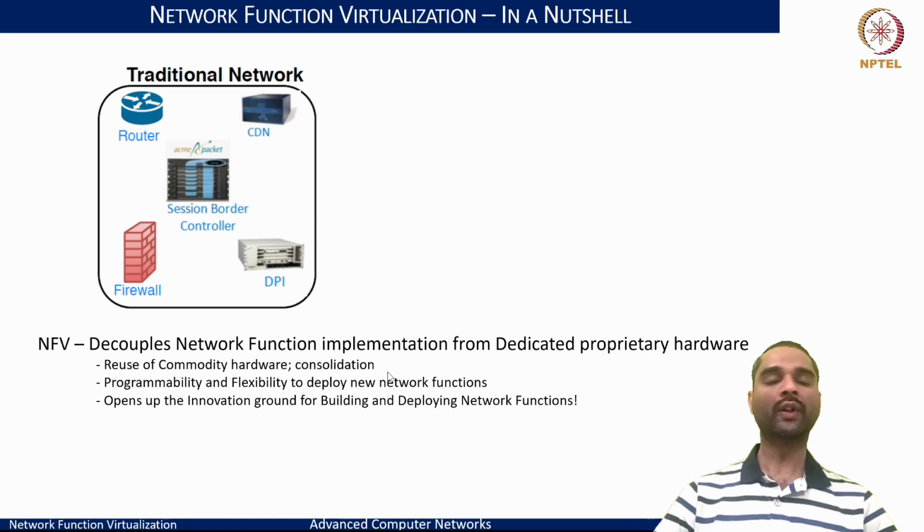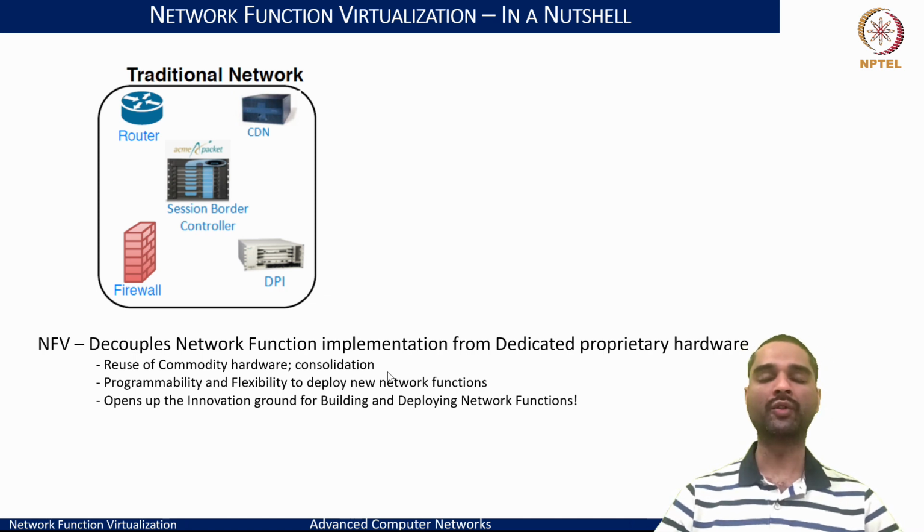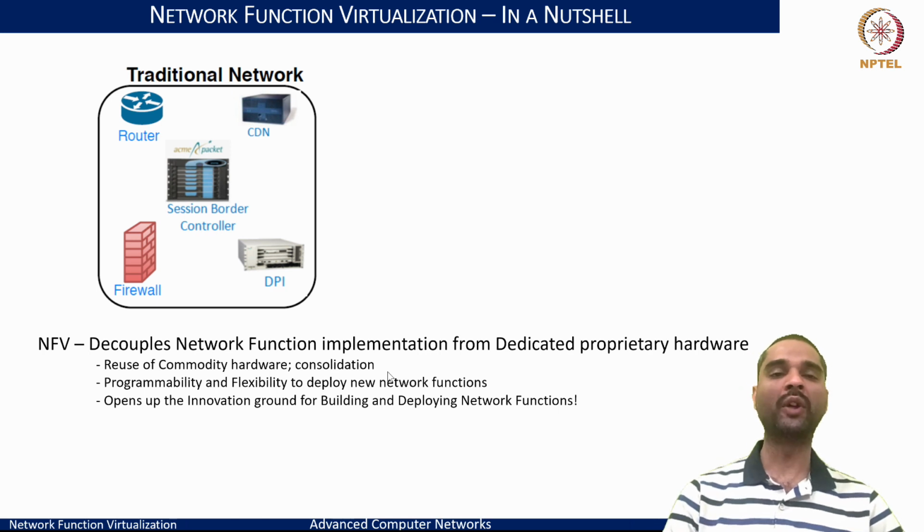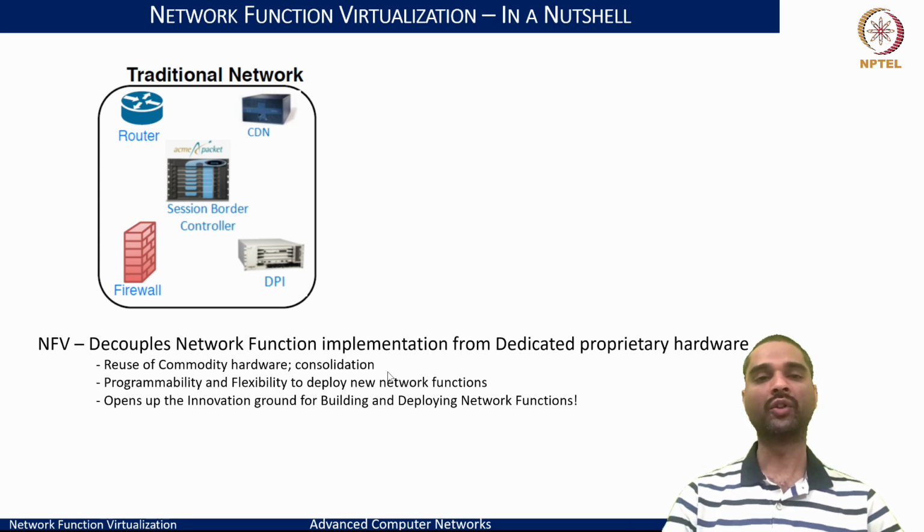I introduced you earlier to the networking elements, to a very brief extent though, but we have known that we have been operating with switches and routers for long. And then we also have a notion of what kind of firewalls or DPIs are being used, or for content delivery networks, CDNs, and session border controllers, all of these kinds of traditional networking appliances.